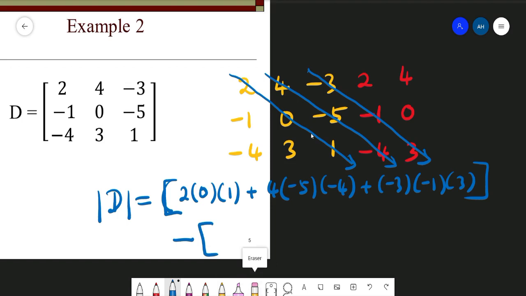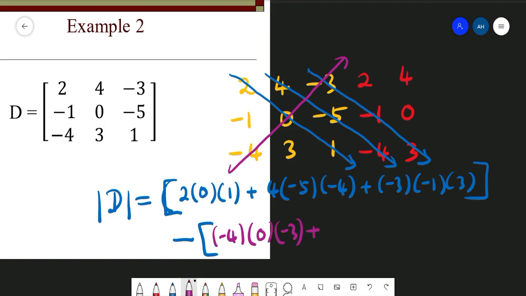Now subtract. Minus what? We are going to draw an arrow going upwards, like this. So the first arrow is this, and the numbers on that arrow are negative 4 multiplied by 0 and multiplied by negative 3, plus.